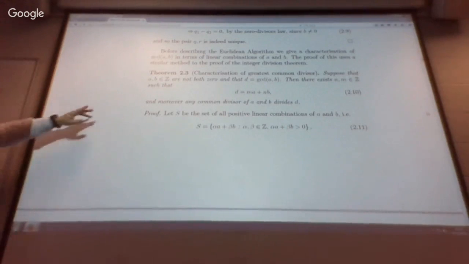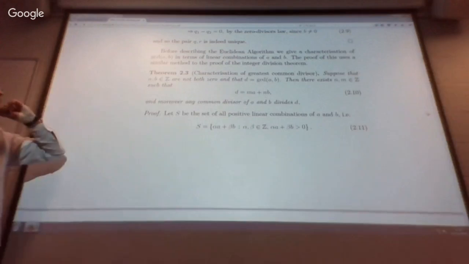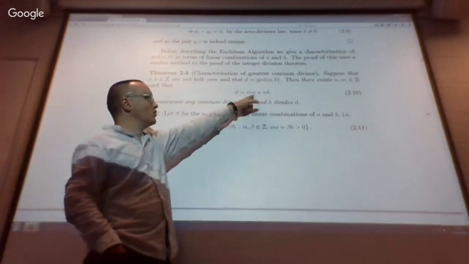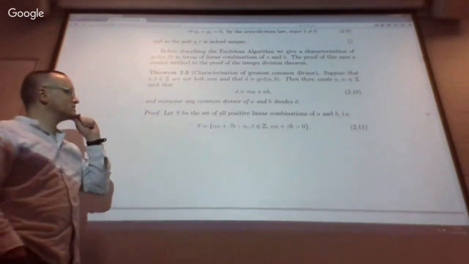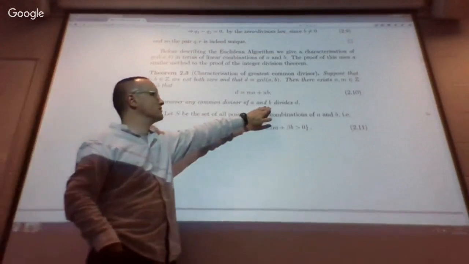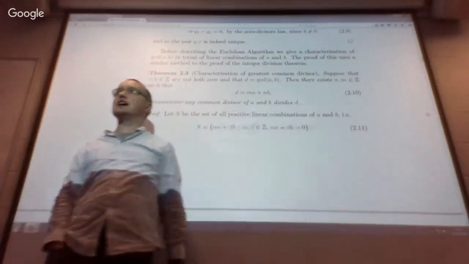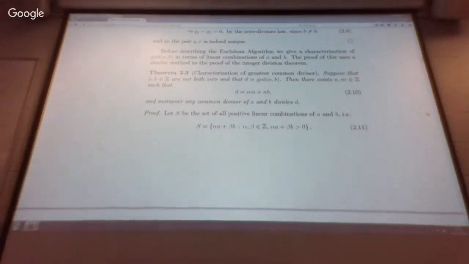And a second kind of PS to this theorem: once we know that we can always write the greatest common divisor as a linear combination of the two inputs, that also tells us that any other common divisor of A and B also must divide D. We noticed that in the two examples we did, 75 and 25, or whatever it was, 75 and 45.